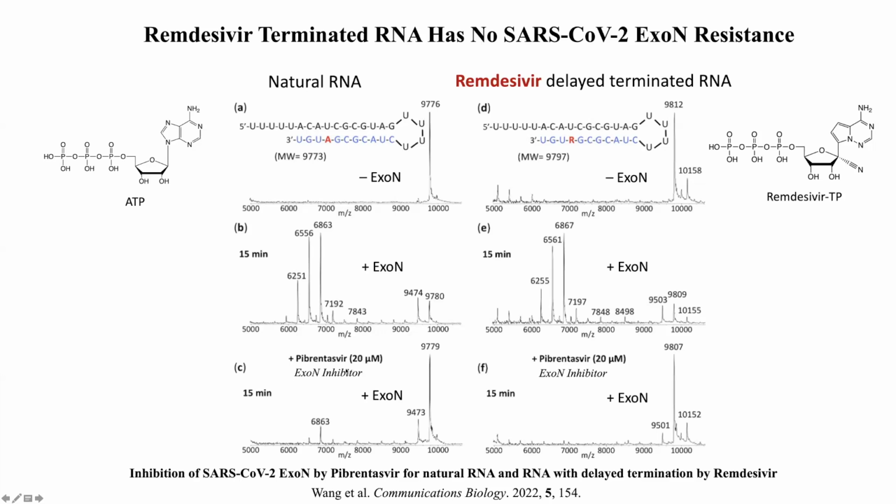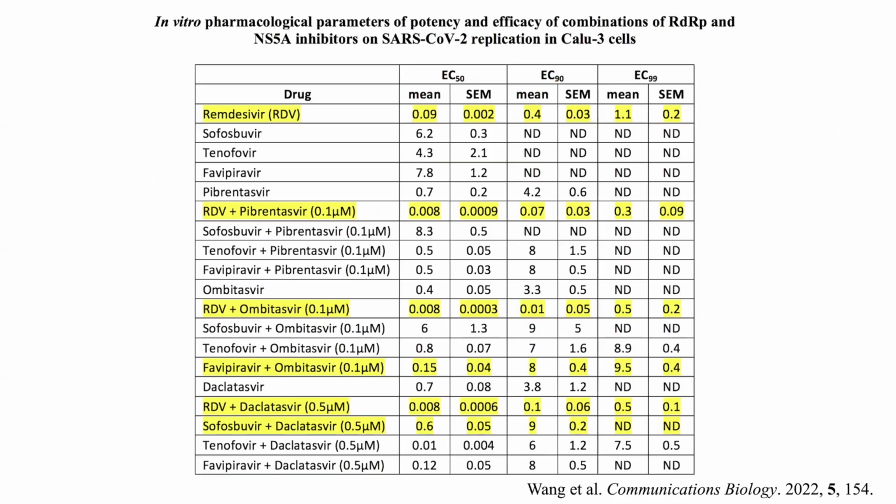However, when we add an exonuclease inhibitor, you can see all these RNA substrates are protected. So if this also works in the virus, then combining remdesivir with an exonuclease inhibitor should improve the virus inhibitory activity.